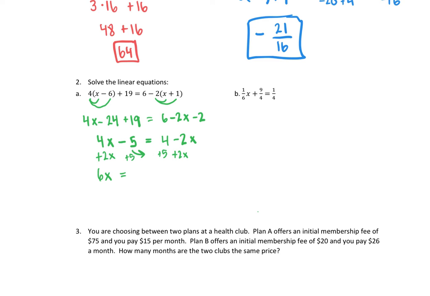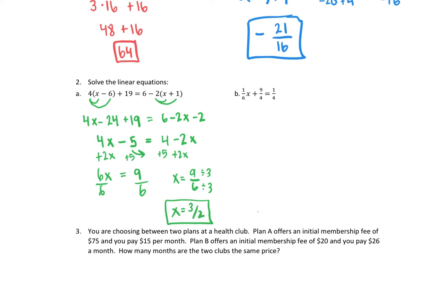So that gives us 9 on the right side. Now we just need to divide by 6. And we get x equals 9/6, which can be reduced. So make sure we write them in simplest form. So x is 3/2. And there we go.